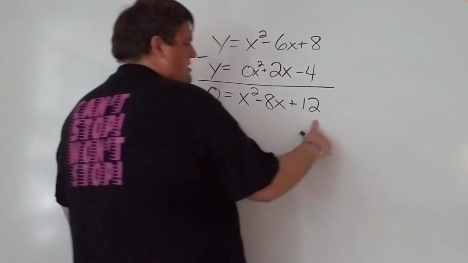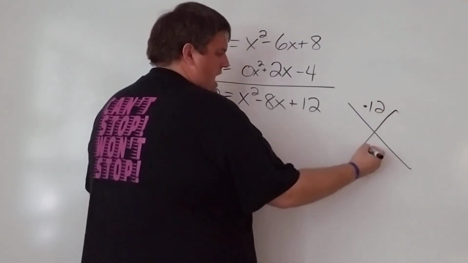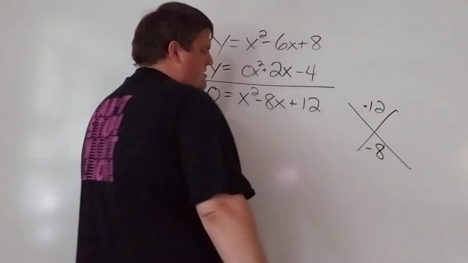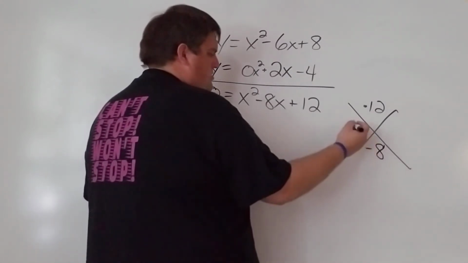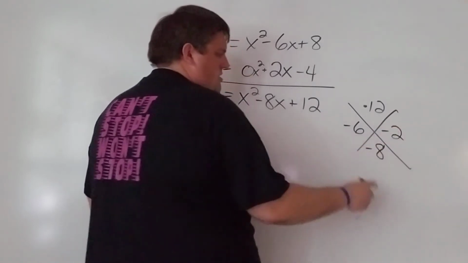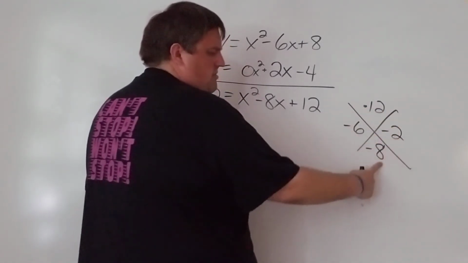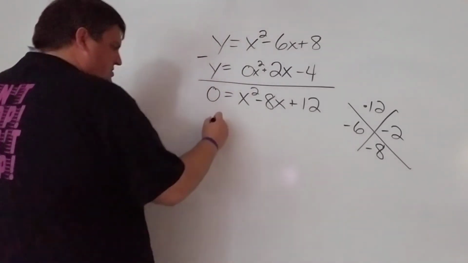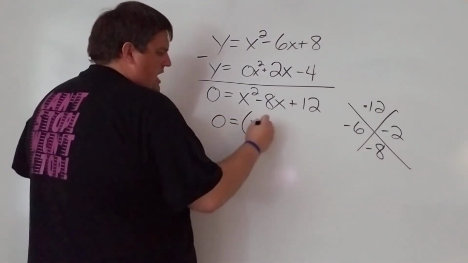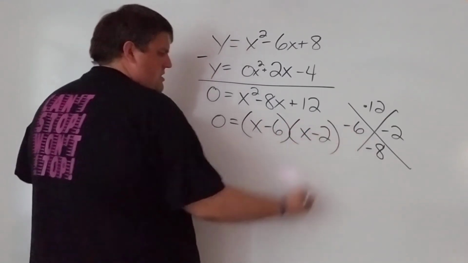So I want something that multiplies to give me 12 and adds to give me negative 8. And I'm thinking that's probably negative 6 and negative 2. Negative 6 times negative 2 is positive 12. Negative 6 plus negative 2 is negative 8. So I can factor this: x minus 6, x minus 2.